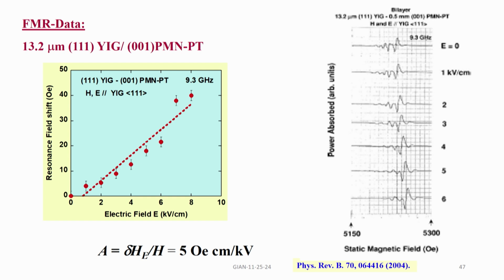For no electric field, then you increase the electric field, and from 1 kilovolt per centimeter to 6, you see the peak shifting to the right. And what is plotted here is the electric field versus the field shift in resonance, which is linear. You take the slope of this, that is the converse magnetoelectric voltage coefficient. Okay.